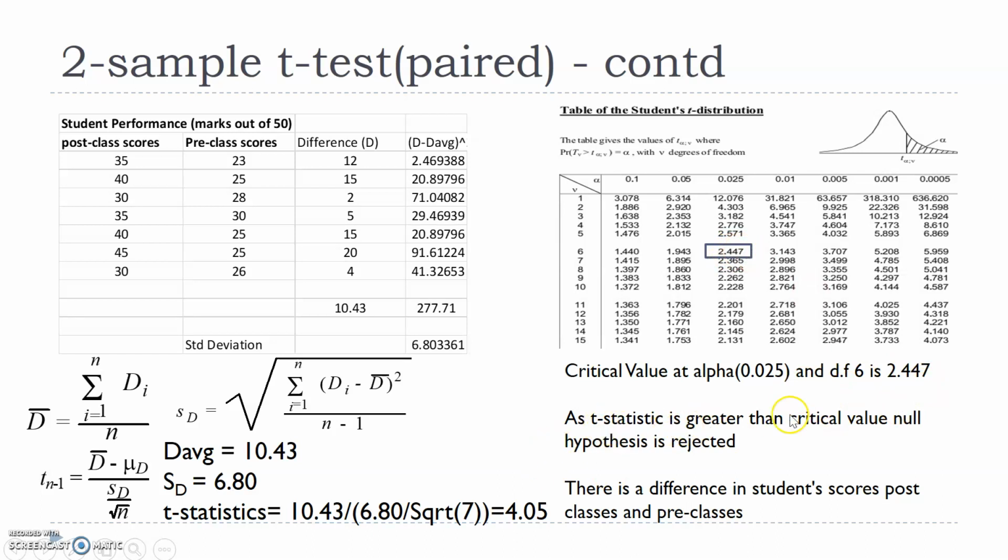As my t statistic is greater than the critical value, I can reject my null hypothesis. That means there is a difference between the post-class score and the pre-class score. But I am not telling whether the post-class score is greater than the pre-class score. It can be less also, right? So I am not making any inference about that. I am just saying it is different from the pre-class score. If I had done a one-tailed test, then I could have made that inference.